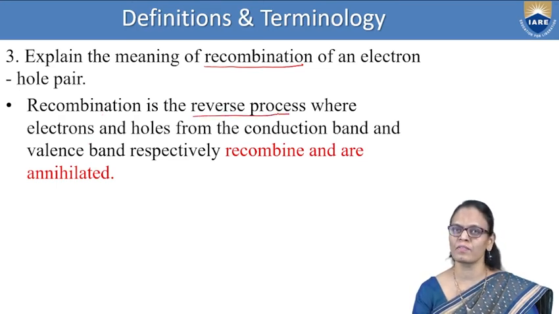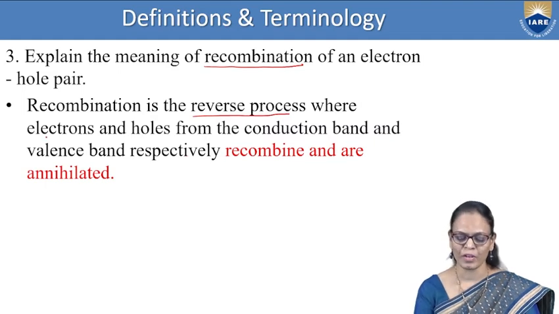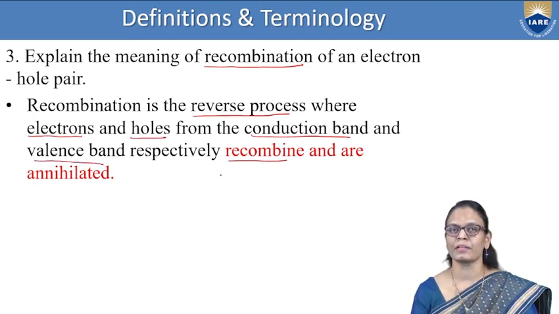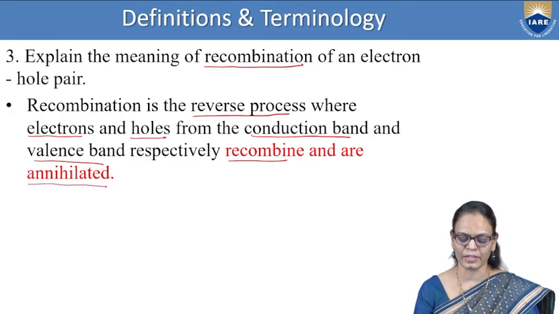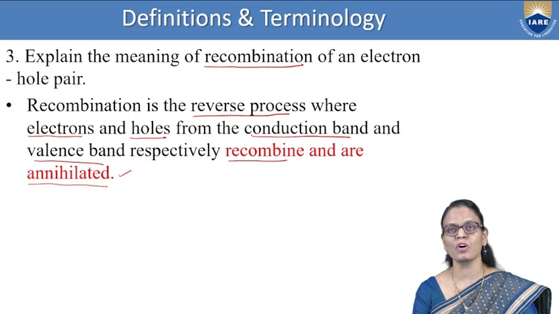It is the reverse process where electrons and holes from the conduction band and valence band respectively, meaning we have the electrons in the conduction band and holes in the valence band, recombine and are annihilated. Annihilated here means conversion into energy. We are calling it annihilation. So it is the reverse process of generation.